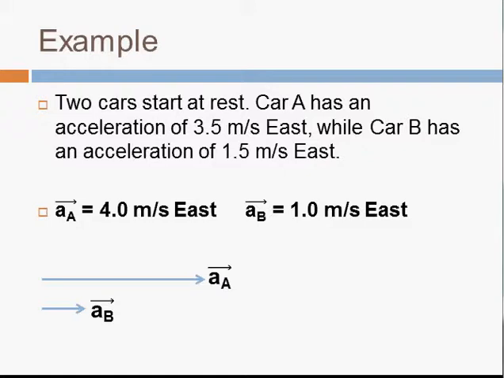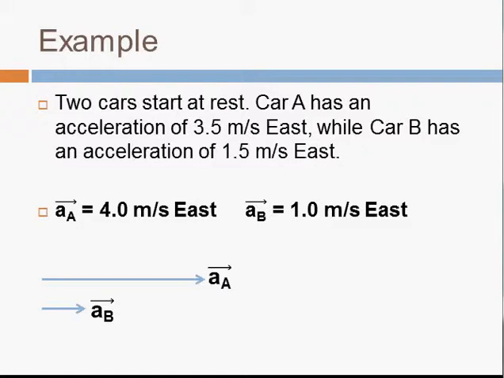So we have that. Now notice that the length of A is much longer than B, as it should be, because the magnitude, just the size of A, is longer. So keep that in mind. Again, when you draw these vectors, if it's a larger quantity, make it longer. If it's smaller, make it shorter.